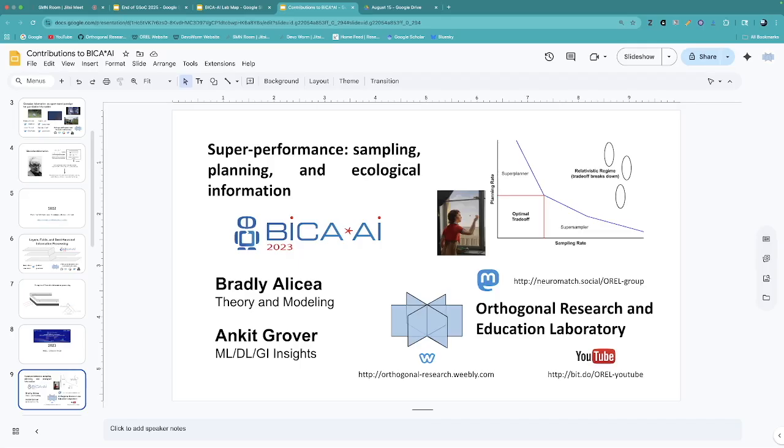So we're drawing a little bit from the Gibsonian stuff, but also from this other idea of super performance. What super performance means is that you have a nervous system and it generates behavior. The nervous system has a capacity for sampling the environment, and a capacity for planning movements in the future.